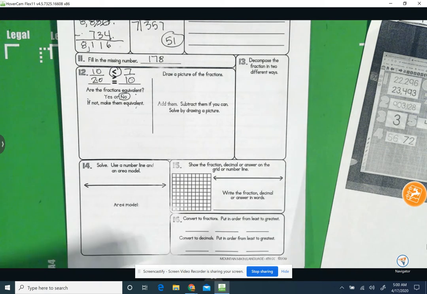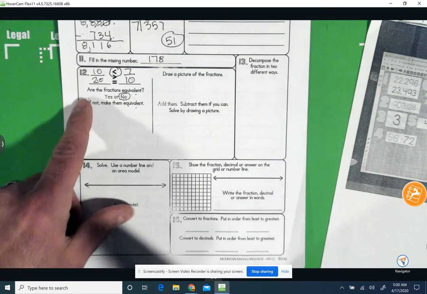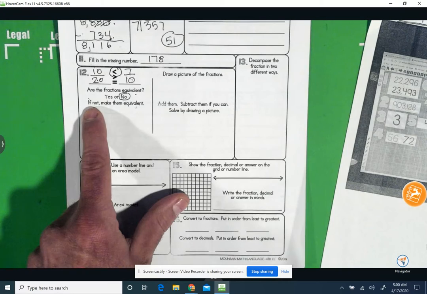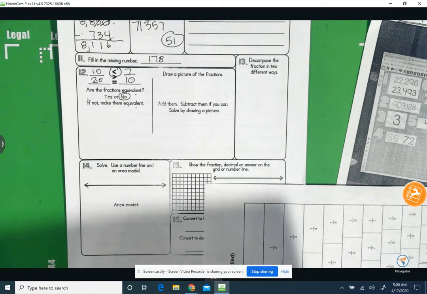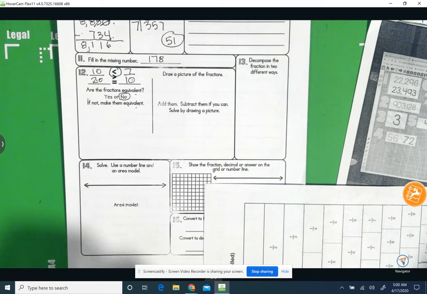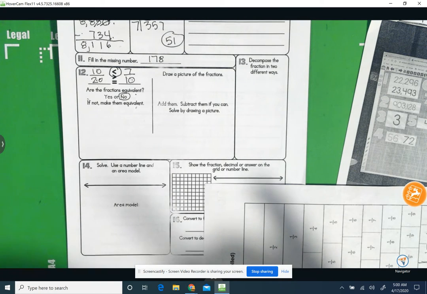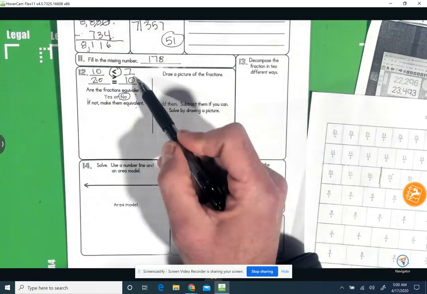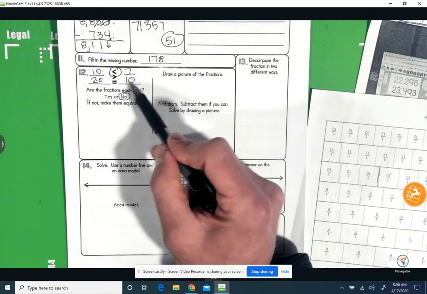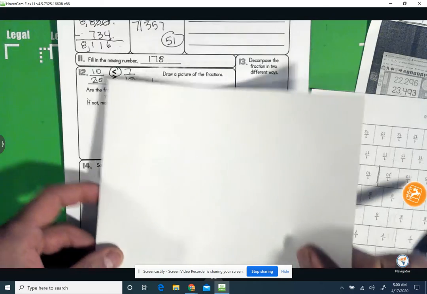And now we have to follow our command with, if not, make them equivalent. And this is where Mountain Math problem number 5, locating the least common multiple, will help us. To make these fractions equivalent, let's start by getting the denominators to be the same.